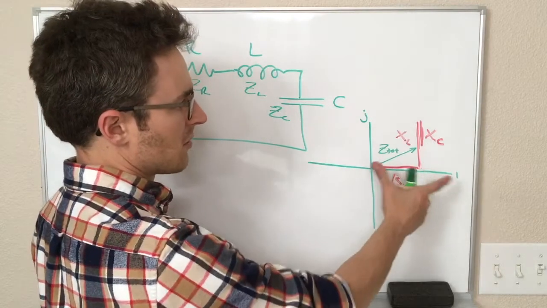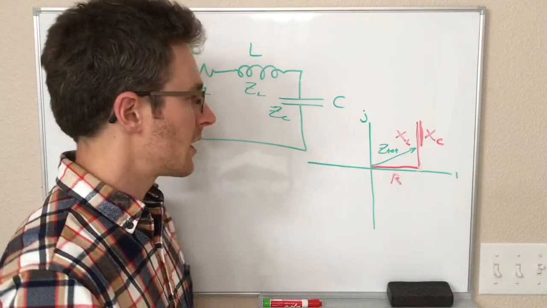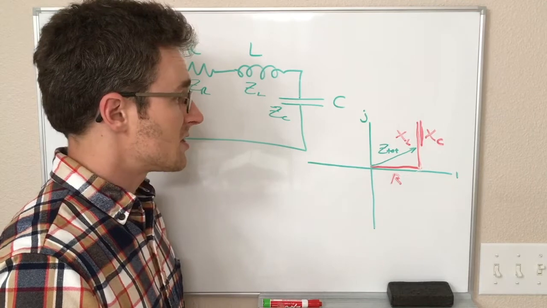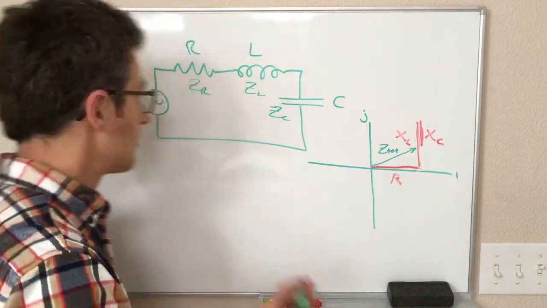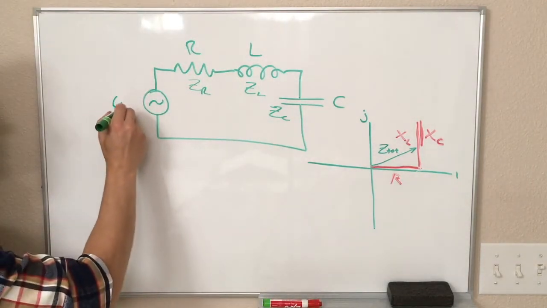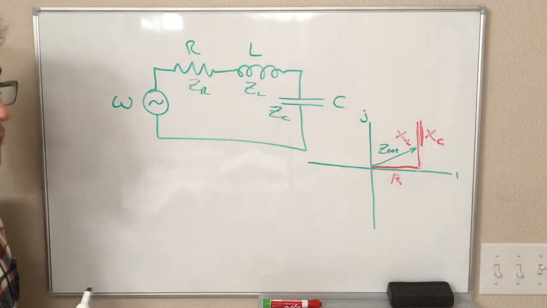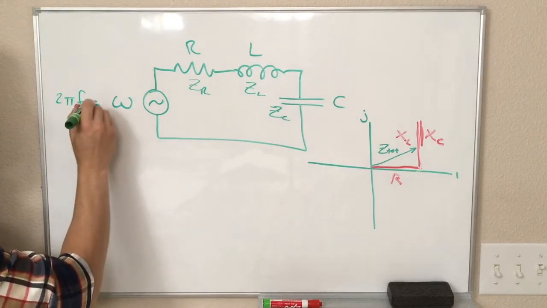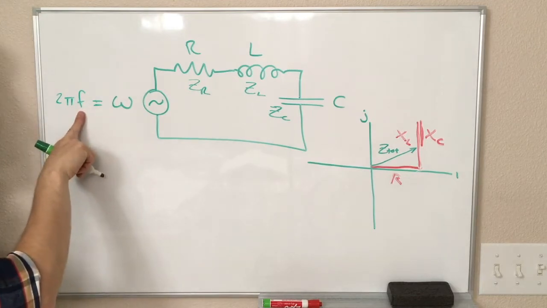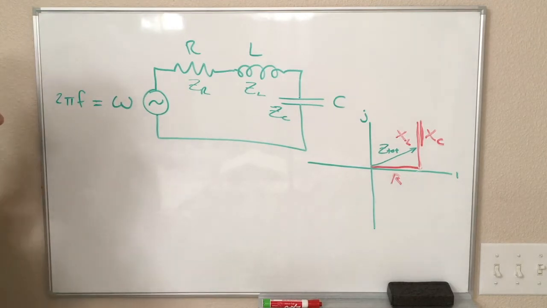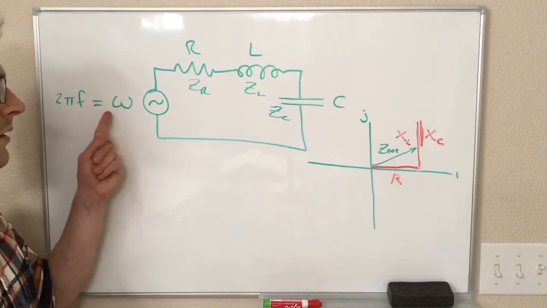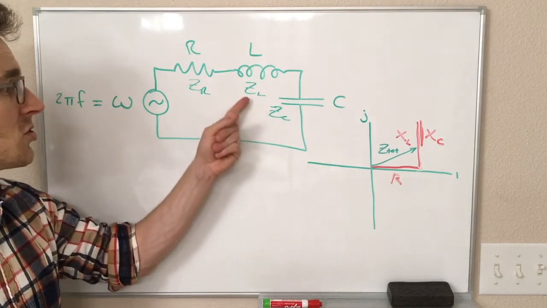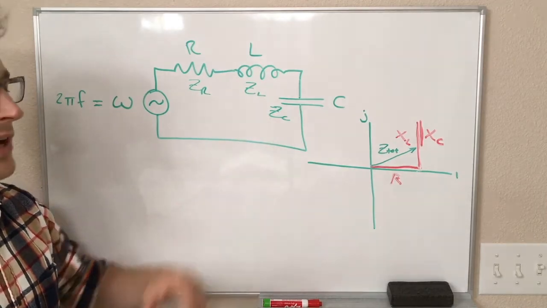Okay, so we definitely know that as we change the values of R, L, and C, we can change the size of these things on that diagram. What you may not have realized is we can do the same thing if we change the frequency, right? So this AC voltage source is operating at some frequency omega, which is 2 pi times the normal frequency we use, F. Changing omega doesn't change the resistor's impedance, but it does change the inductor's impedance and the capacitor's impedance, right?